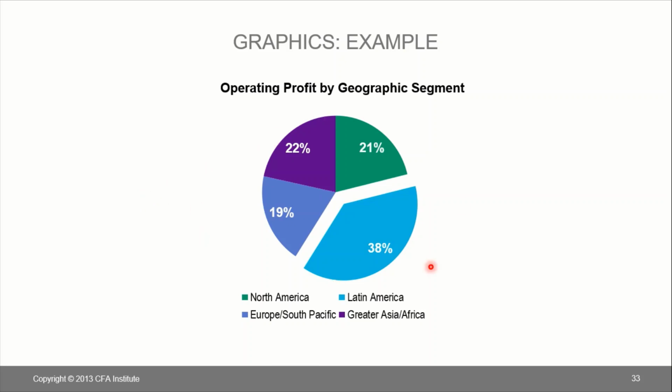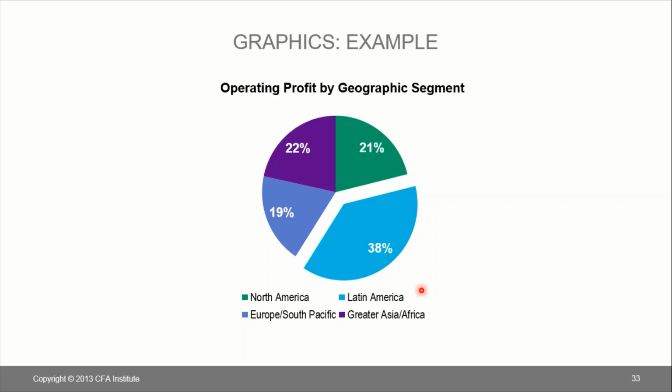As you can see, this is a pie chart, and this is showing the operating profit by geographic segment. So let's just say this is a firm operating in a global scale. So ibig sabihin meron siyang different segments.